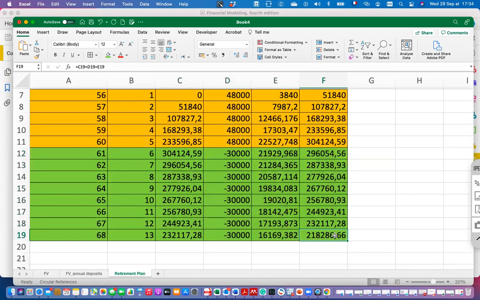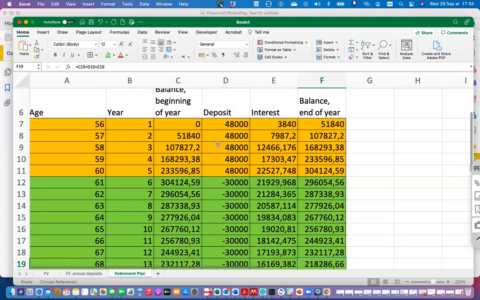See, we find that by the end of his presumed life, when he will pass away, he will leave $218,286 in his bank account, which means that he has deposited much more than he needs when he was working.